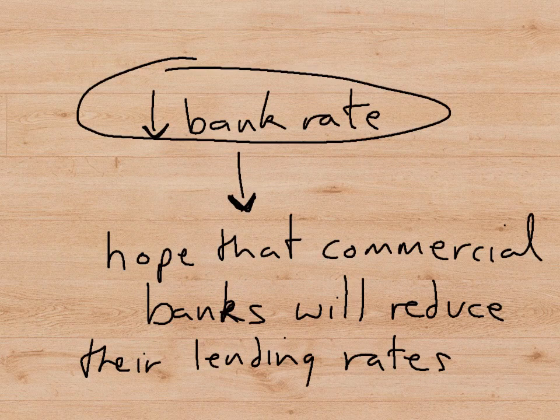The central bank will reduce this interest rate, and it will hope that the commercial banks will reduce their lending rates that they charge to customers who want to borrow money from them. So this is the logic. When deflation is feared, the bank rate will go down. This is an example of expansionary monetary policy, and the hope is that the commercial banks will reduce their lending rates to their customers.